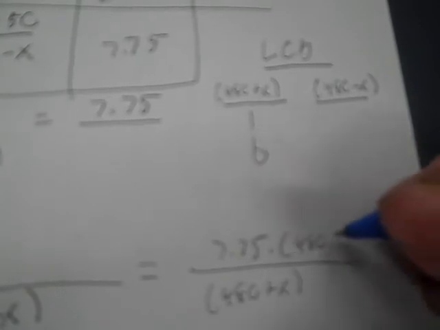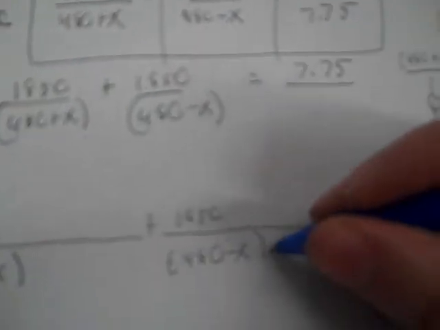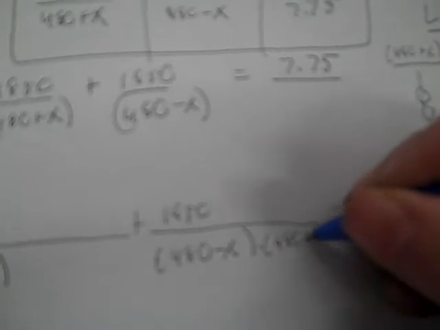Okay. So 480 plus x. I guess this one needs a 480 plus x. Or no, wait a second. It was 0 because this one didn't have any either. Okay, so 480 plus x.